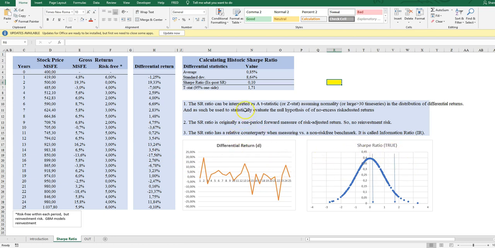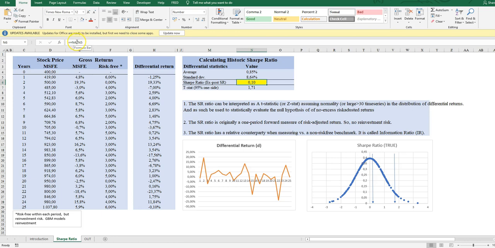Just one last thing that I didn't comment on: if you have a time series of monthly or quarterly or otherwise periods different from one year, you need to adjust the Sharpe ratio both in the numerator and in the denominator.